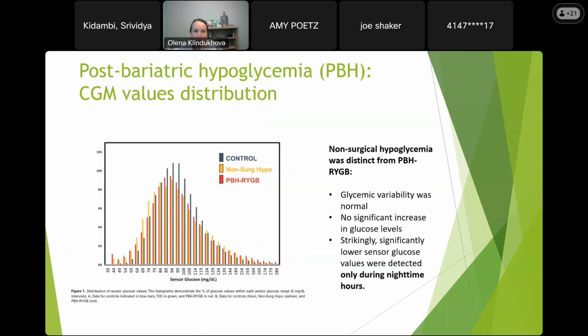I just showed that in patients with non-surgical hypoglycemia, compared to post-bariatric hypoglycemia, glycemic variability was normal. And the only pattern that stood out and was statistically significant is that non-surgical hypoglycemic patients had a hypoglycemic nighttime fasting blood sugar pattern.